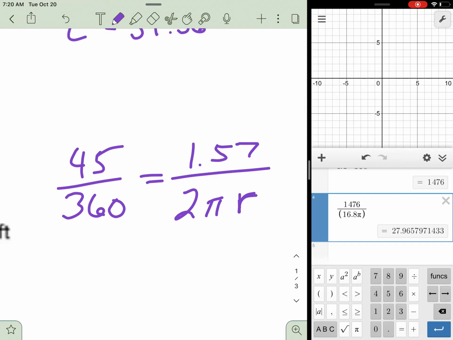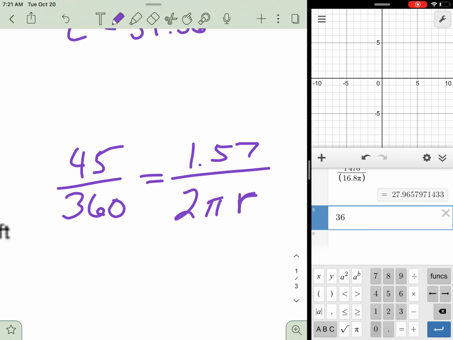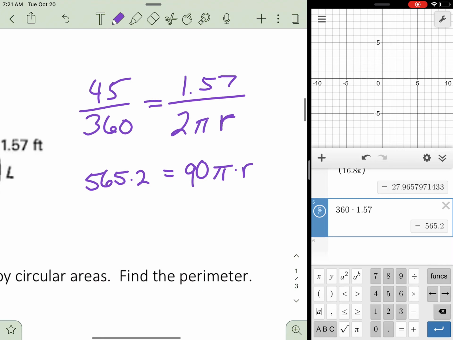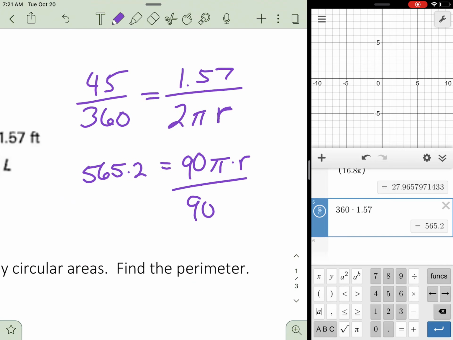All right, so cross multiply again, 360 times 1.57 gives you 565.2, which equals 90, because 2 times 45 is 90, pi times the radius. Okay, we're going to divide by 90 pi to get r by itself.